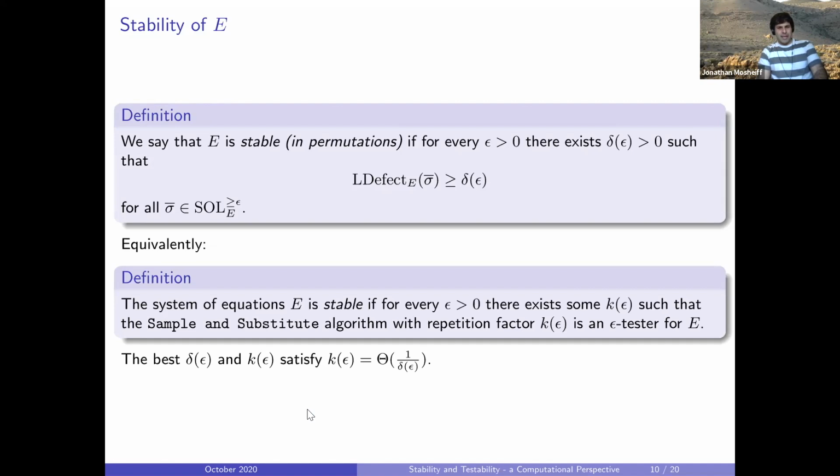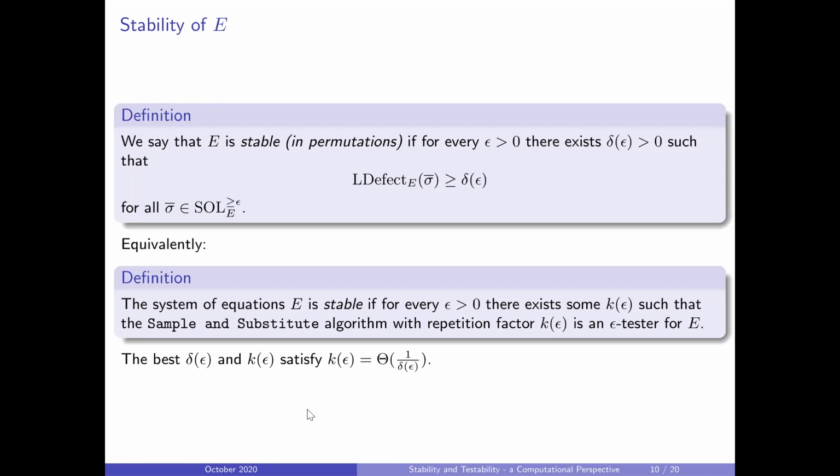Furthermore, we even have a nice quantitative relation: the largest delta you can take in the first definition and the smallest k you can take in the second definition are asymptotically inverse to each other. This is exactly due to the same kind of analysis we did before for xy equals yx.